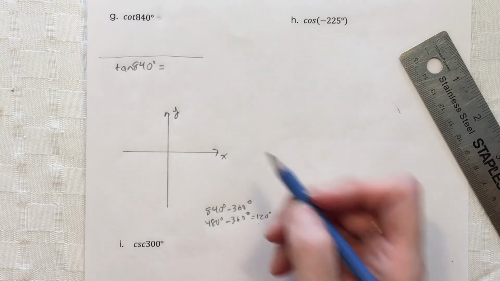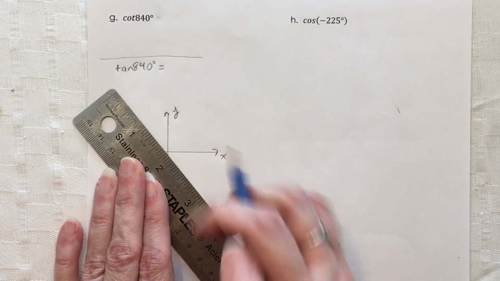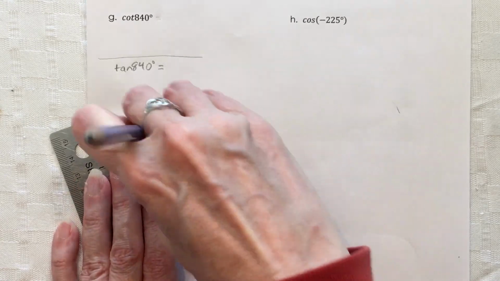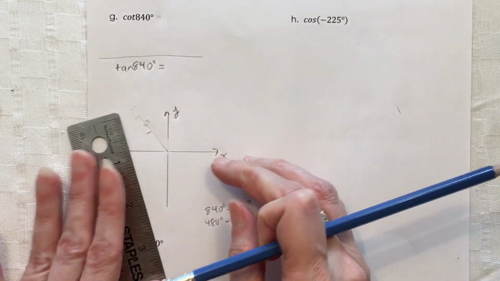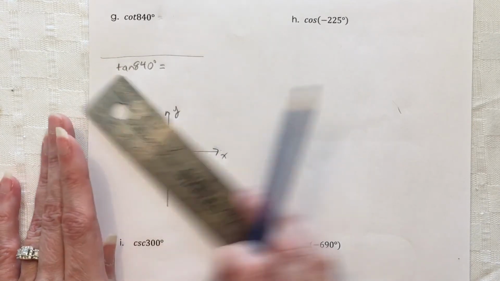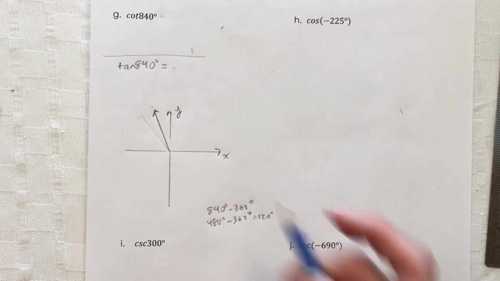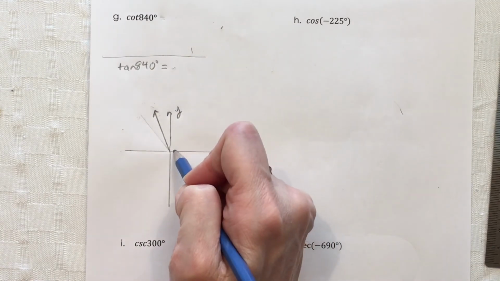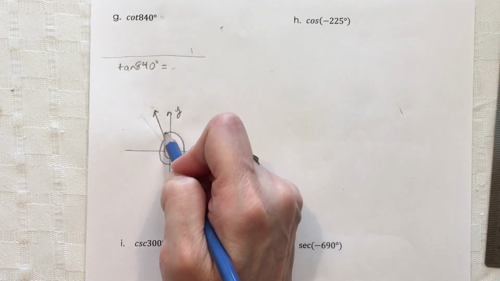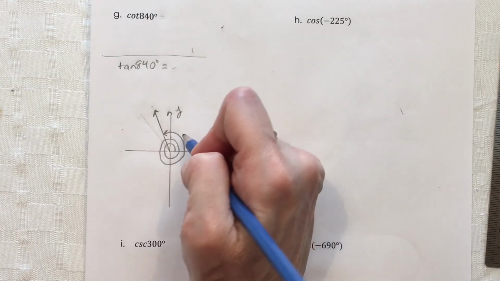And 120, we know 0, 90, 180 is going to be here. Oops, should look closer to the y-axis. There we go. So 840 we know is going to be all the way around once is 360, all the way around twice is 720, and then over here to 120 degrees more to 840.